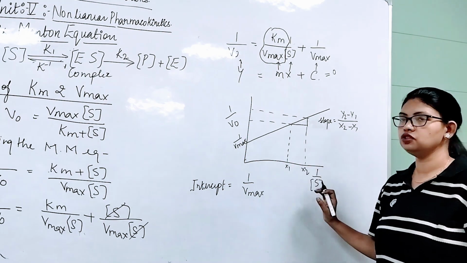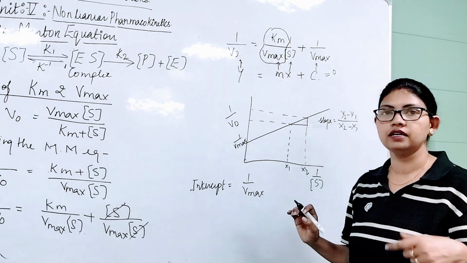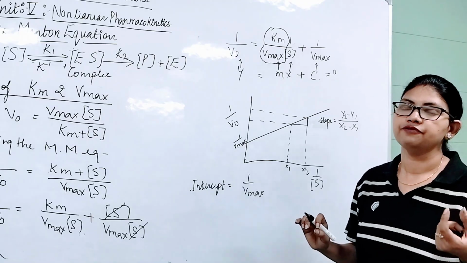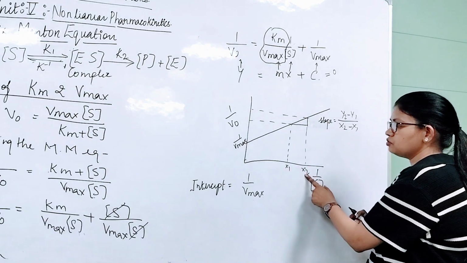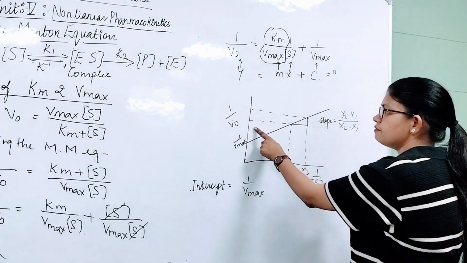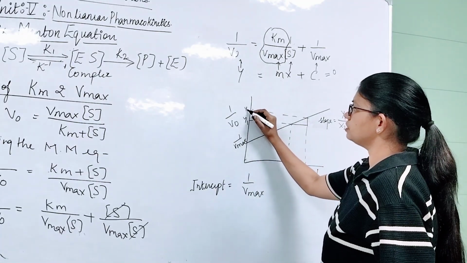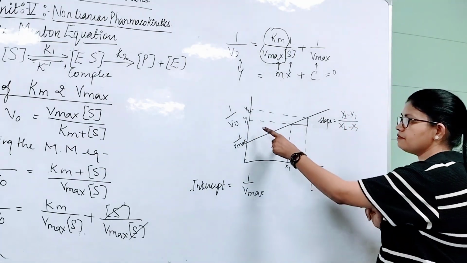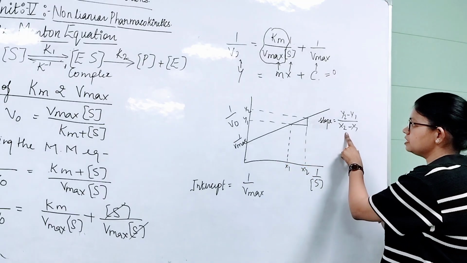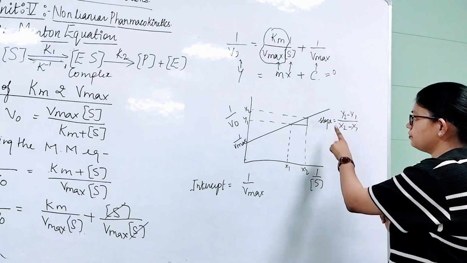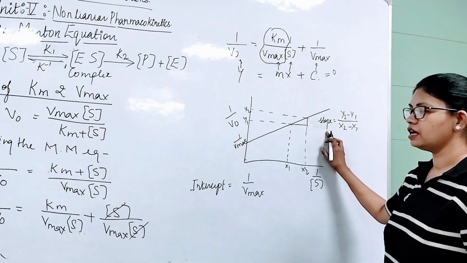We assume two points, and from this value x1 and x2 we obtain from the x-axis, y1 and y2 we obtain from the y-axis, and this value will be put in this formula, and we calculate the value of slope.